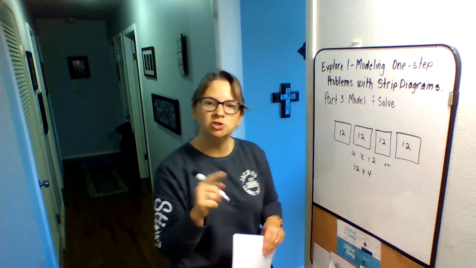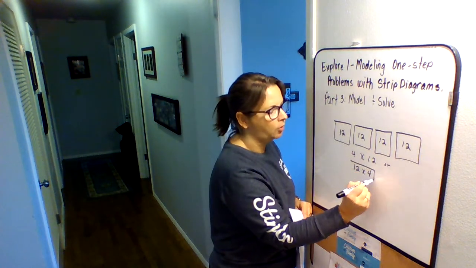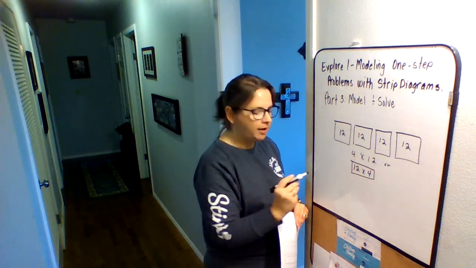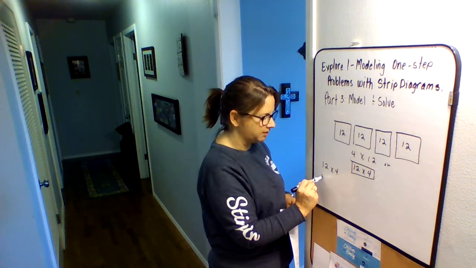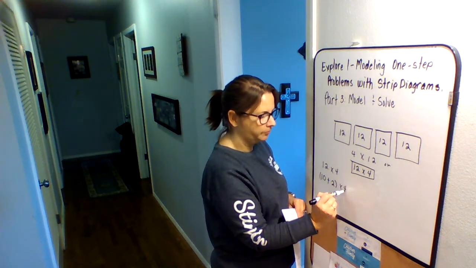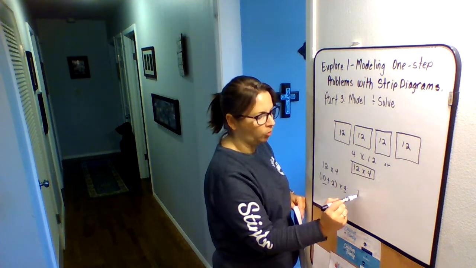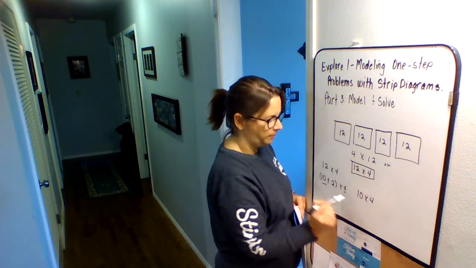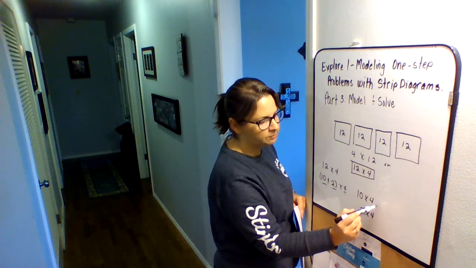Or what I want to show you, and what I was grading earlier today, is how we're going to separate this. Remember how we did 12 times 4? And we said 12 is actually 10 plus 2 times 4. What we can do is we can take the 10 times the 4 and we can take the 2 times 4. Watch me closely, guys.